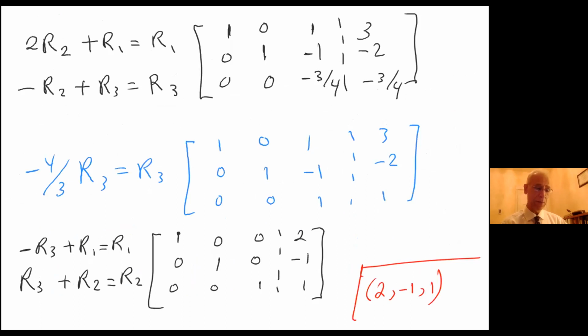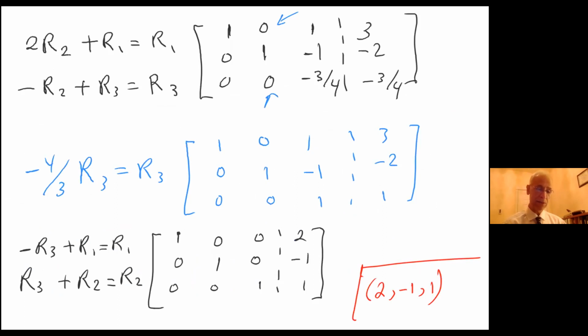Now, if I add row 2 to row 1 and use it as row 1, then I have my 0 in here. If I multiply row 2 by -1, then add it to row 3 and use it as my new row 3, then I get a 0 here.